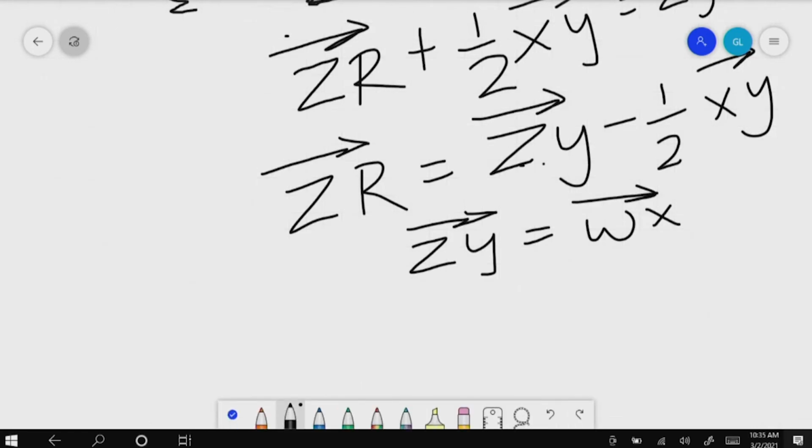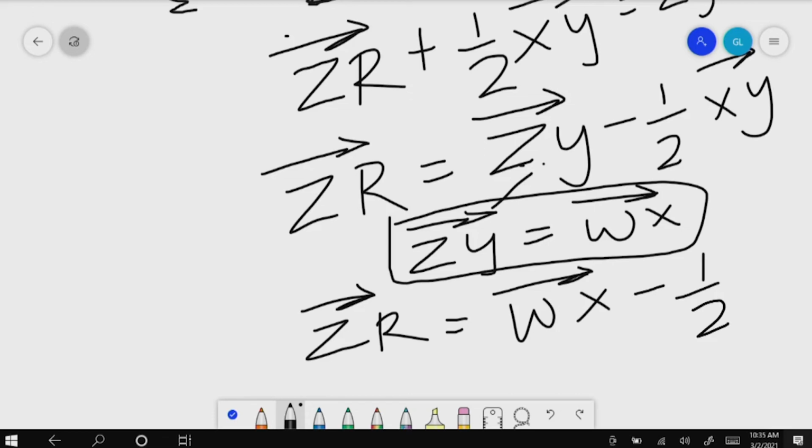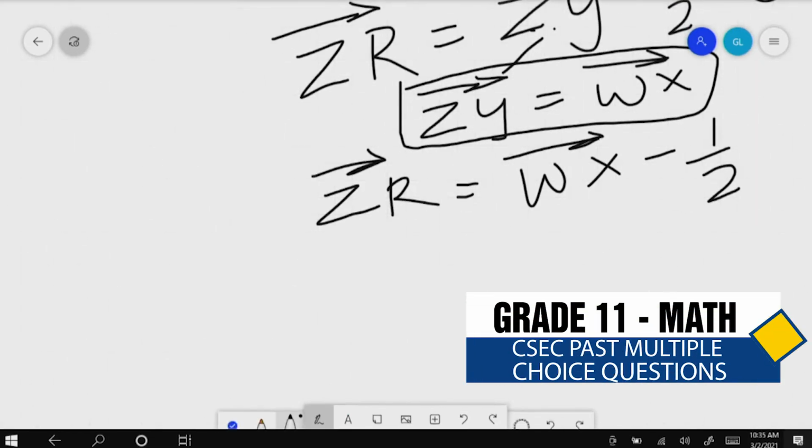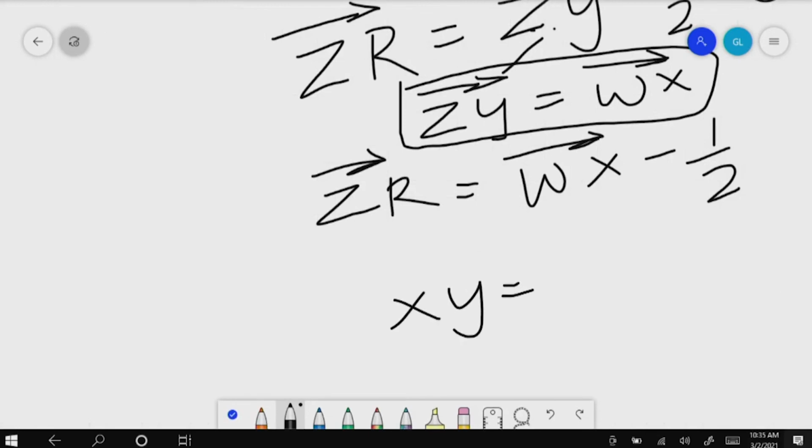So in substituting for that there, we would have seen vector ZR would have equal to vector WX, which is this deduction here to show that ZY is equal to WX in a parallelogram, minus half of XY. And here we would have seen again that vector XY is equal to vector WZ.